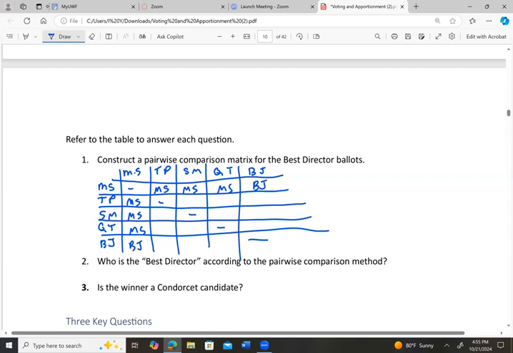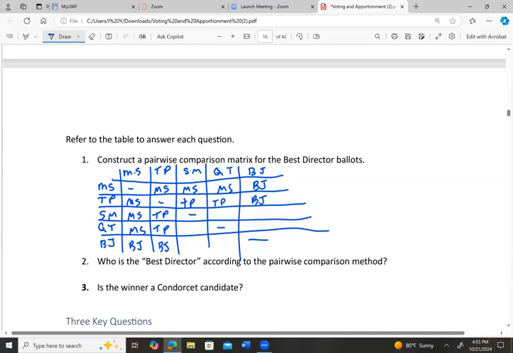So we're constructing the table right now. We follow this process through all of them. I've done it ahead of time. So TP beats SM and TP beats QT, but TP does not beat JB or BJ.